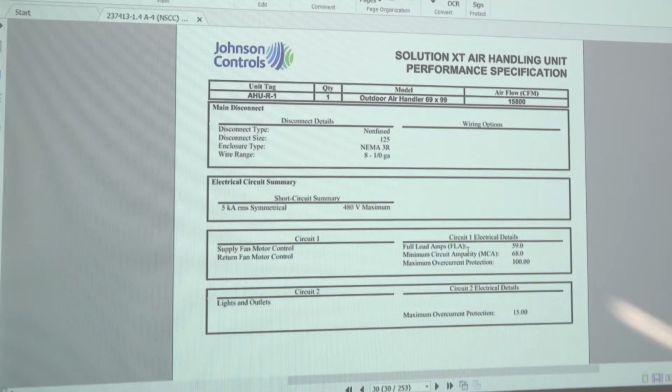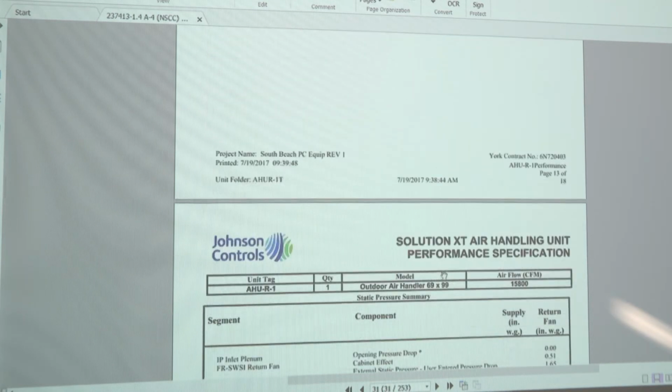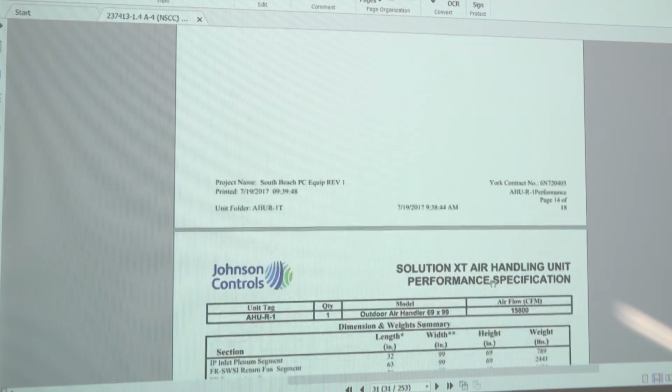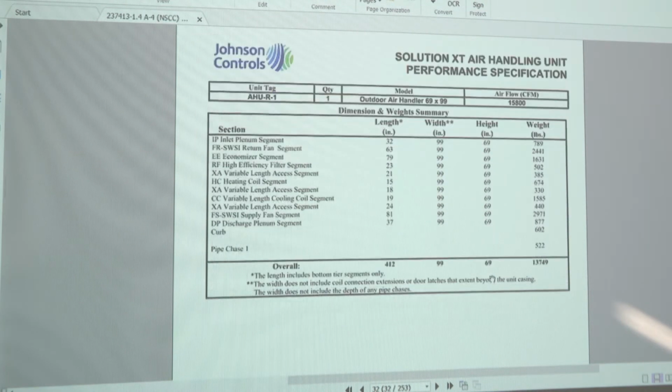Your single point power with your main disconnects. And your overall static pressure summary. Your supply and your return. Okay, this is the way these were designed. These are your statics. This is the information that was used to construct these units. Your overall weights of each module, combining to your overall weight.